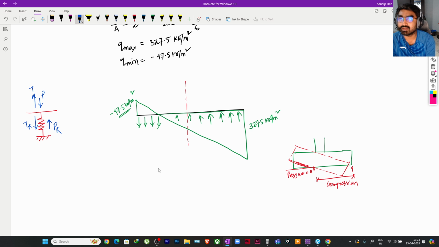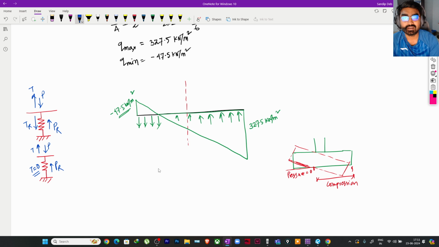But in the real scenario, if you see this spring, it will be like this: here will be the spring. If you provide some P, it will give you resistance PR after some settlement. That's why we provide the subgrade modulus or settlement value, right? And if there is any tension T, the resistance provided by the spring under tension will be 0, correct?